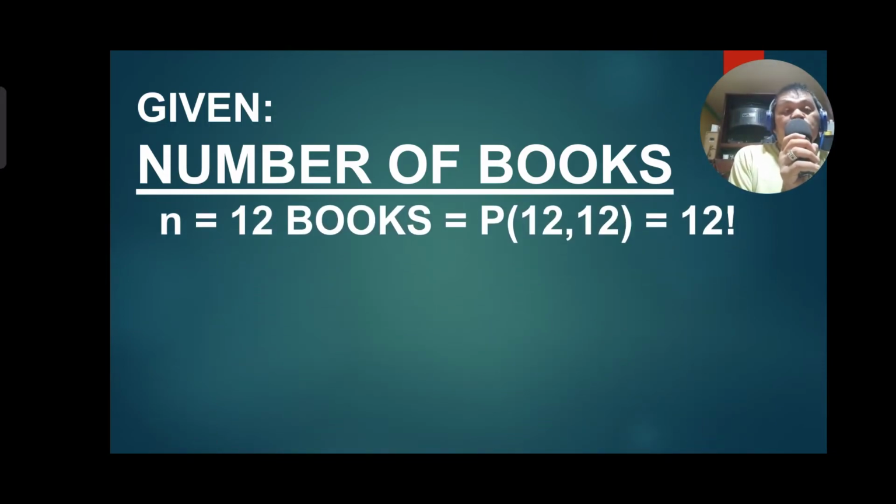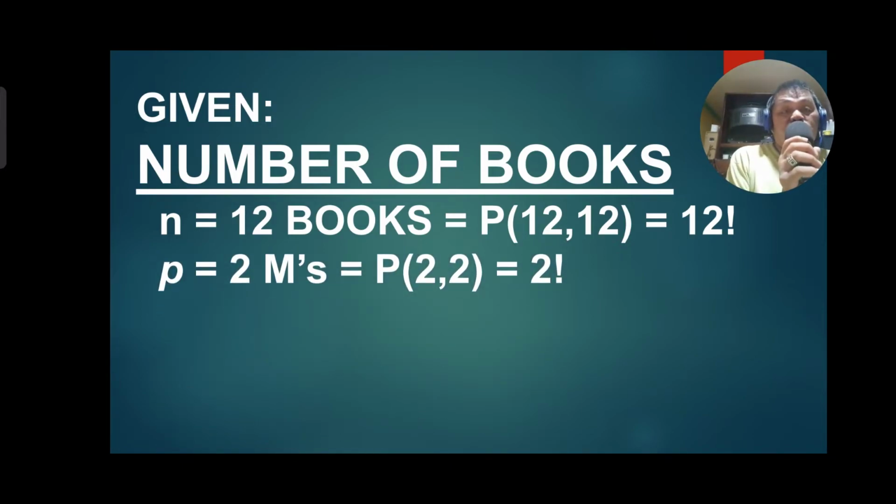So from the given number of books, we have 12 books, and that would be our n. So that would be permutation of 12 books taken 12 at a time is equal to 12 factorial.